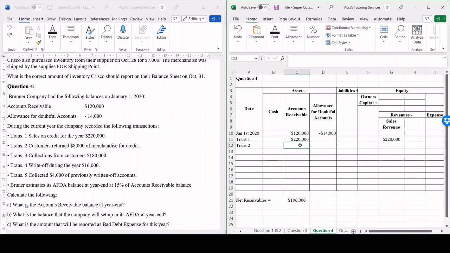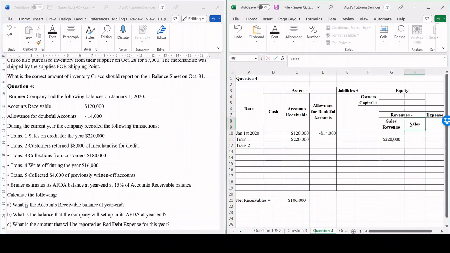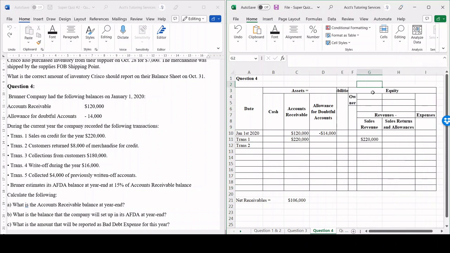So customers are allowed to return inventory. That's part of business nature. But in this case, whenever they have a return, we're going to set up a contra account to sales, which is going to be called sales returns and allowances, right? So this is a contra account to sales.